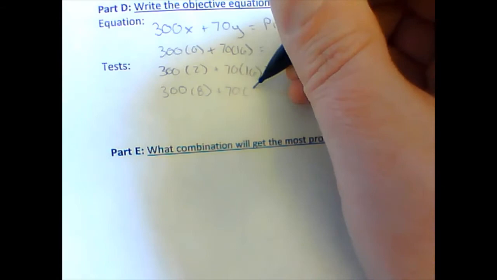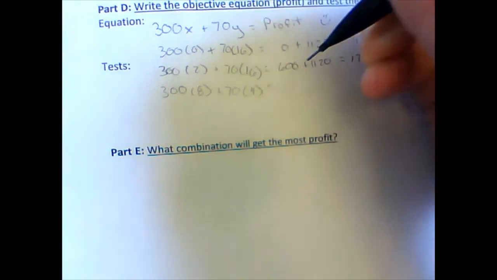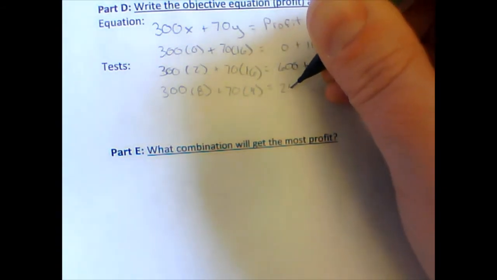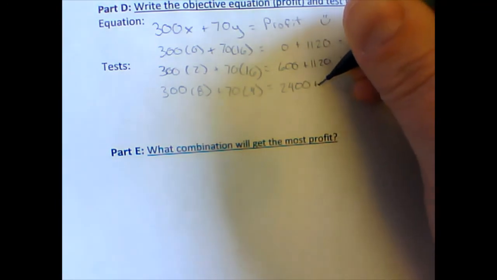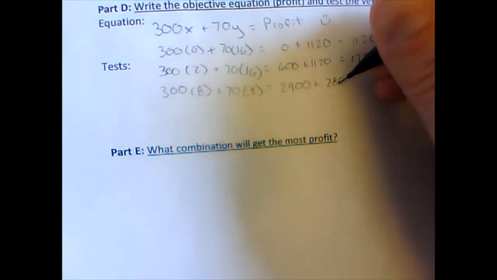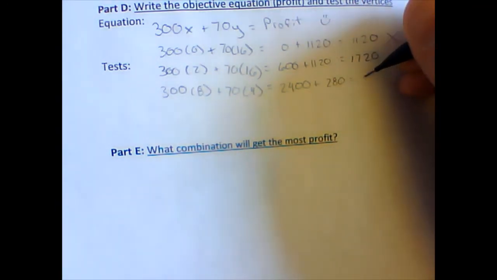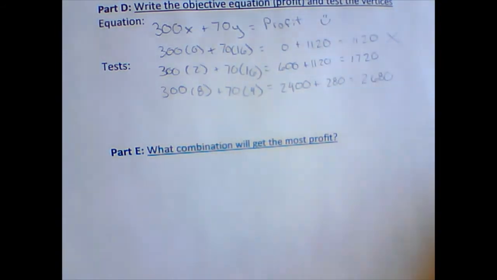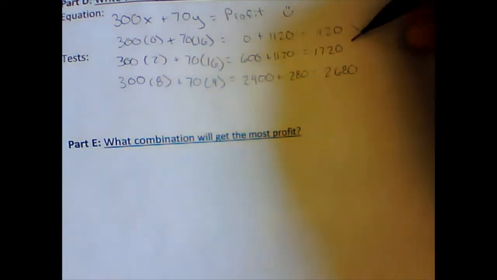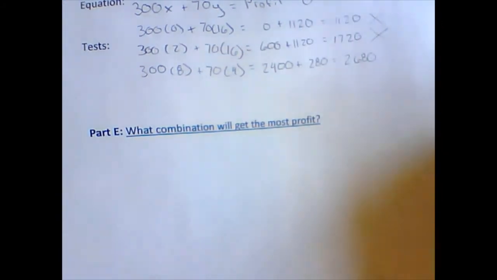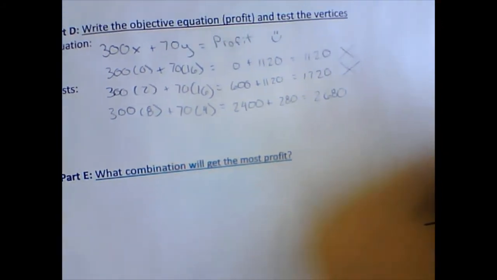Here's the y. 300 times 8 gives us 2,400, and 70 times 4, that's 280. We add those together. All right, lots more money. Almost 1,000 more than the last group. Okay, so I like this one best of all.